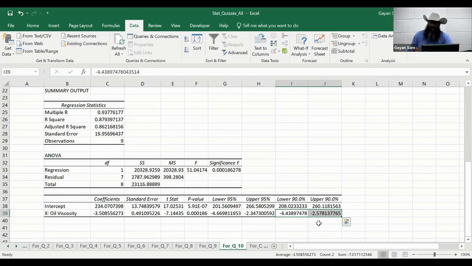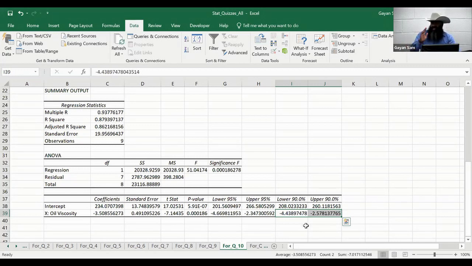Now, based on that confidence interval, what can you say about our null hypothesis? The null hypothesis was beta equals 0. I need to see if 0 is found inside of that confidence interval. No, negative infinity up to negative 2.5781 is an entirely negative confidence interval.